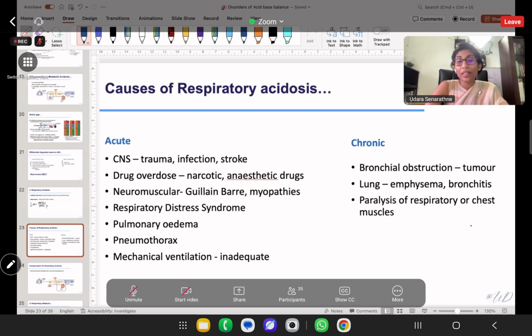When your condition is chronic, that is when the renal compensatory mechanisms can actually work out, because it takes days for those to come into play.